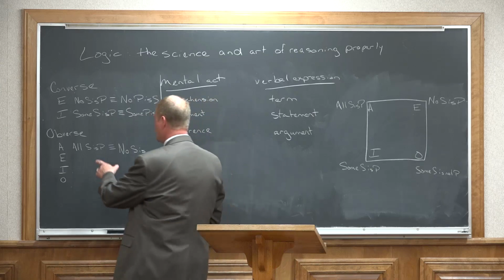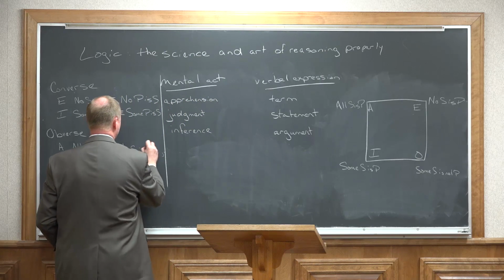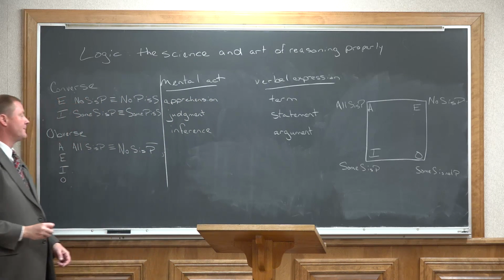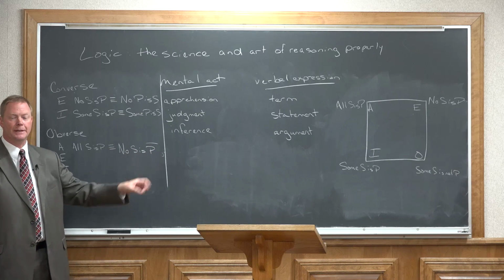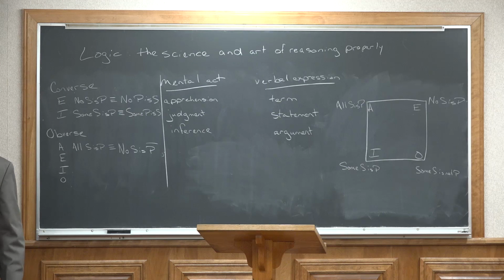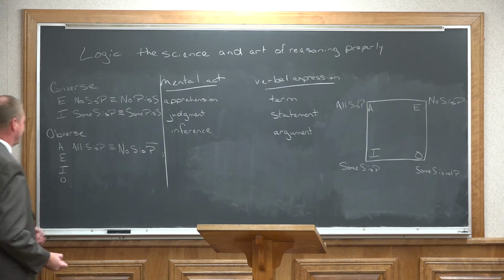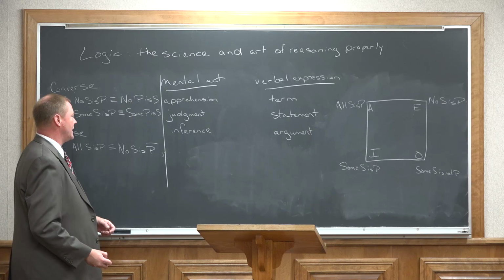non-P. All S is P becomes no S is non-P. This line over the top of the P means non-P. Have I lost you yet? Try to keep your eggs from scrambling. All S is P, okay?